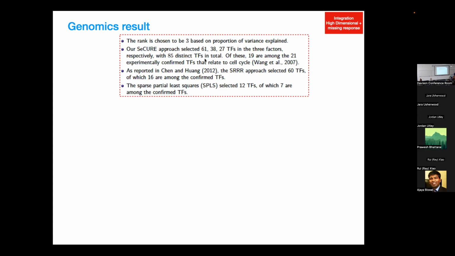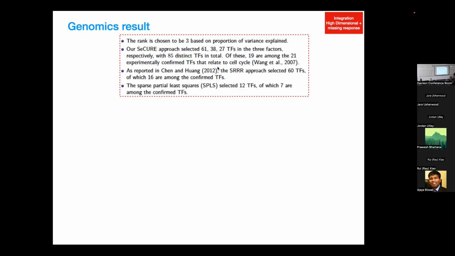Corresponding to each rank, we identified some set of transcription factors which affect genetic expression at a given set of time points. For instance, the first component identified 61 transcription factors, the second 38. So out of thousands, you are now reducing your analysis to only a few of the transcription factors.